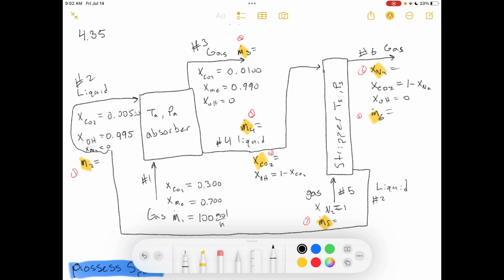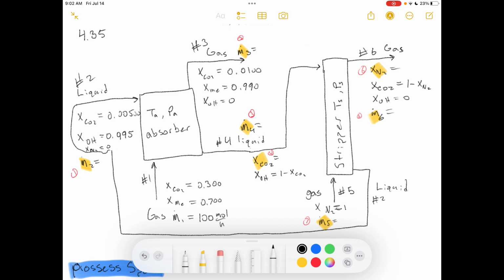The absorber operates at a temperature, TA, and pressure, PA, and the stripper operates at TS and PS. Methanol may be assumed to be non-volatile, that is, none enters the vapor phase in either column, and nitrogen may be assumed insoluble in methanol. Part A. In your own words, explain the overall objective of this two-unit process and the function of the absorber and stripper in the process.